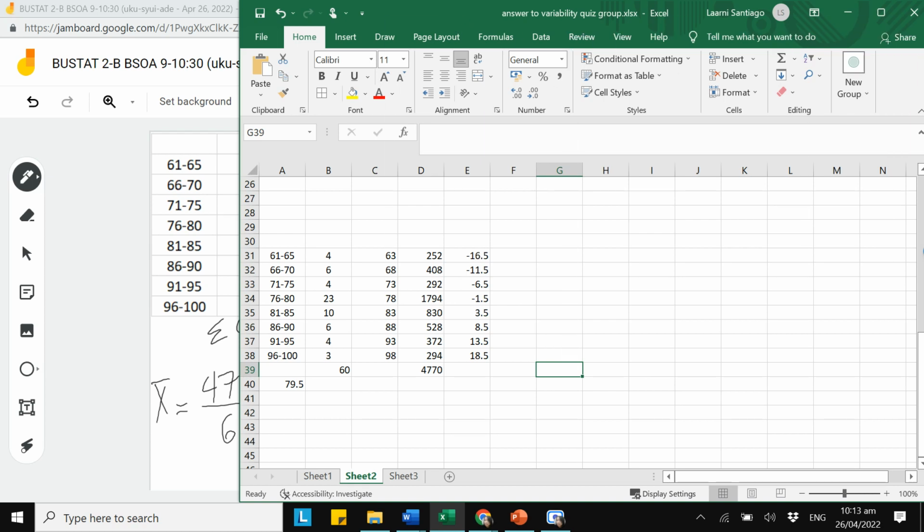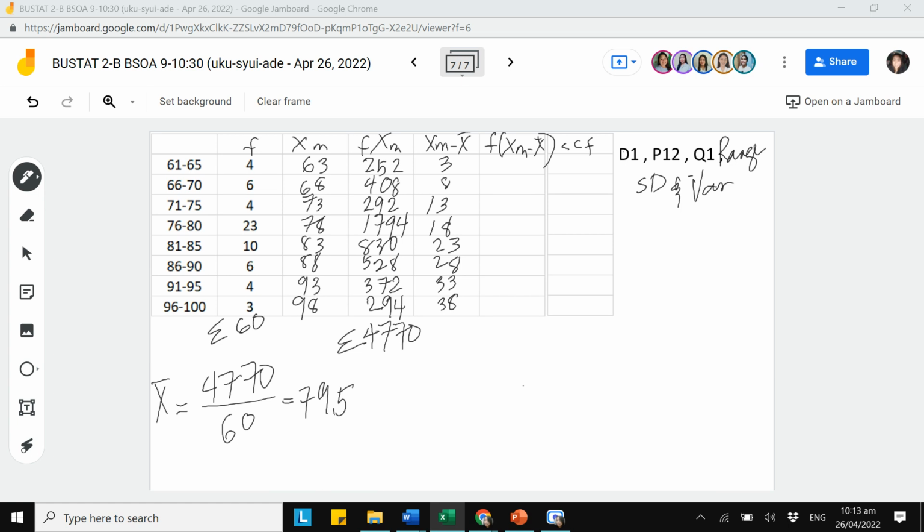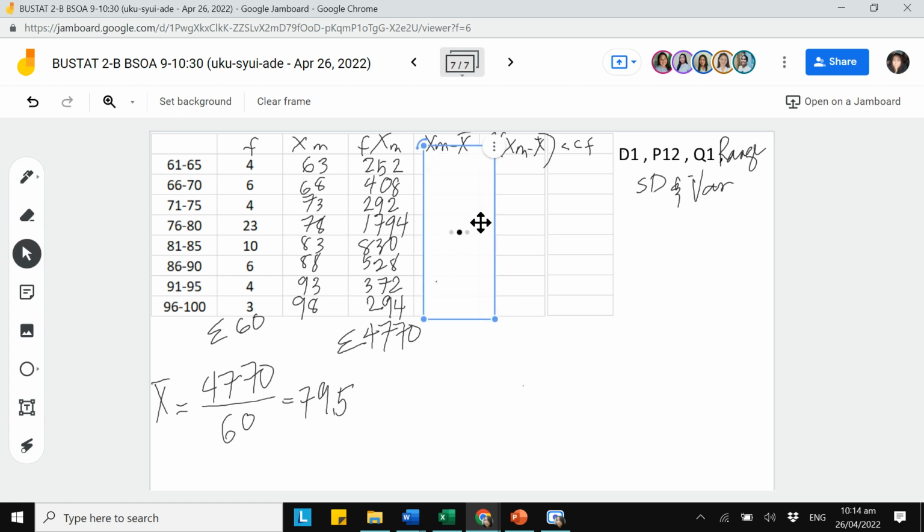Ayan. So, it's 16.5. Okay. Ayan. So, this is the value.